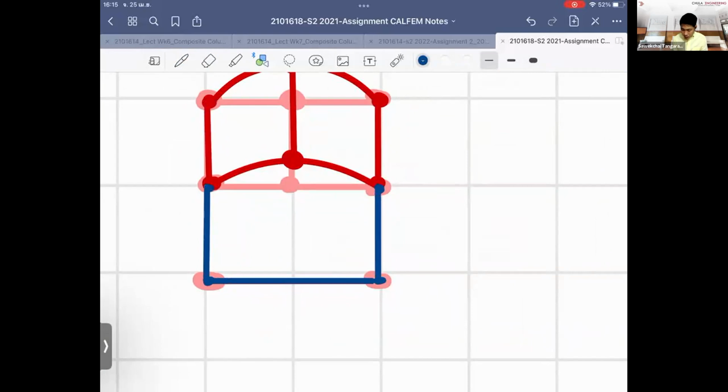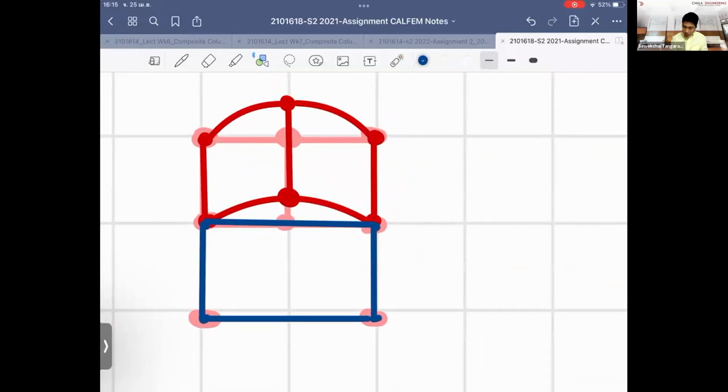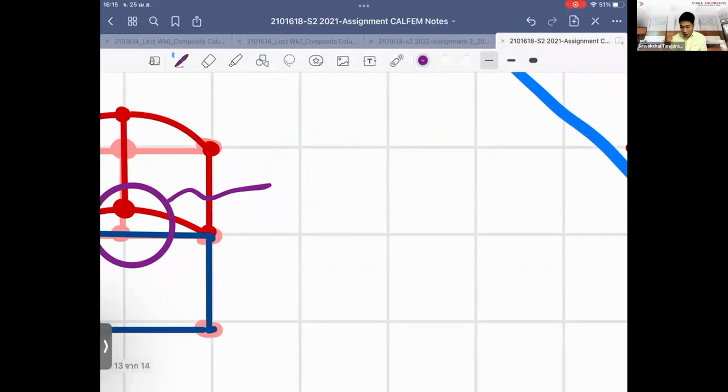So when it deforms, it has to be a straight line. So it can open up gaps over here. So we call this a hanging node. And in any finite element model, we don't want to have a hanging node. The hanging node is not allowed because you don't have full compatibility of the element.